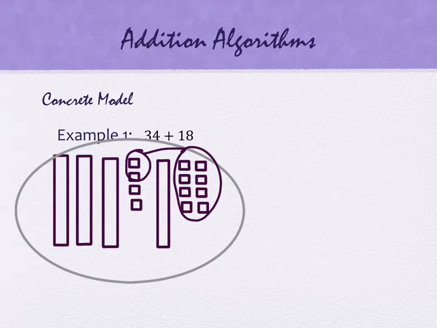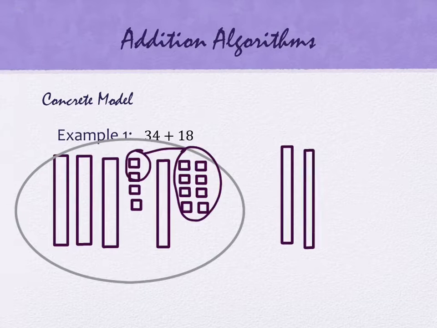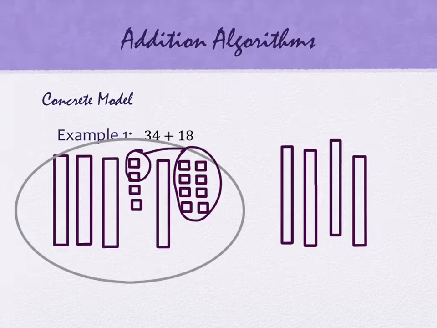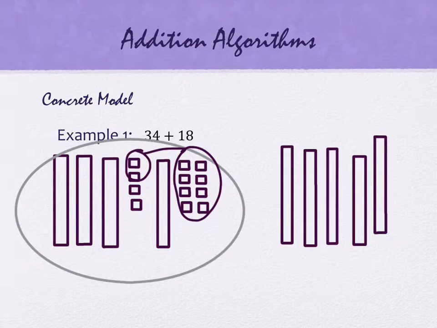Imagine snapping them together like Legos. They can be combined to create a long. So I have the original 3 longs that I already had, and then I have 1 more, and now I have 5 longs. And then what else do I have? 2 units.